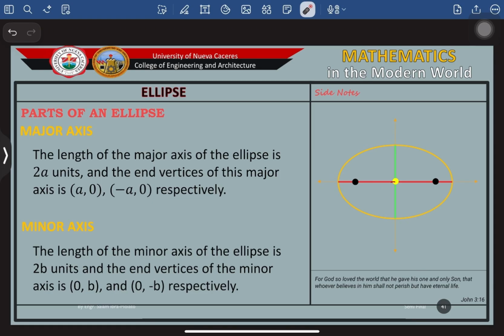Then the minor axis is from the center to another point along the ellipse. Siya yung mas shorter na length dun sa axis. So that is the b distance, and negative b. So for this example, the major axis is parallel to the x-axis.